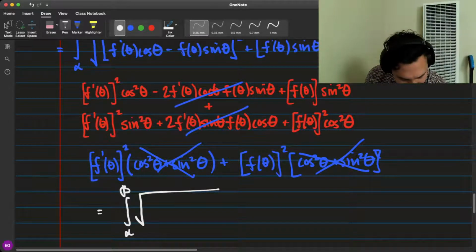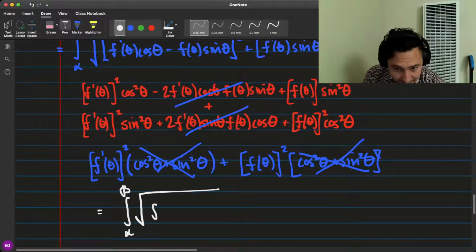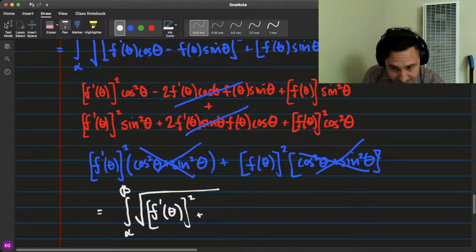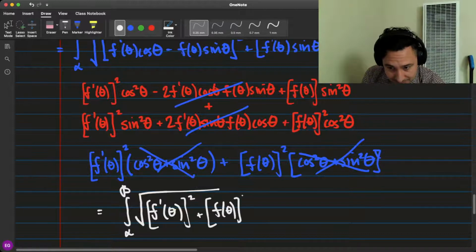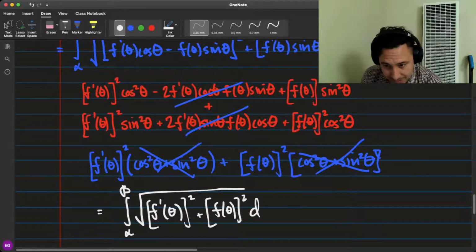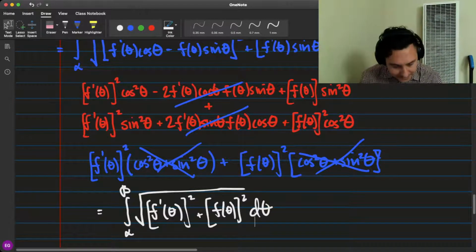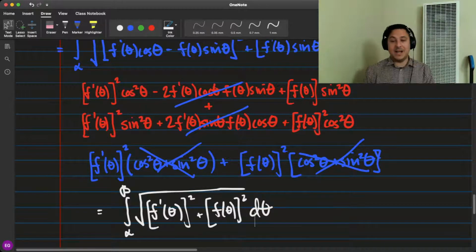So you get f prime theta squared plus f of theta squared d theta. And one of these can actually become something.